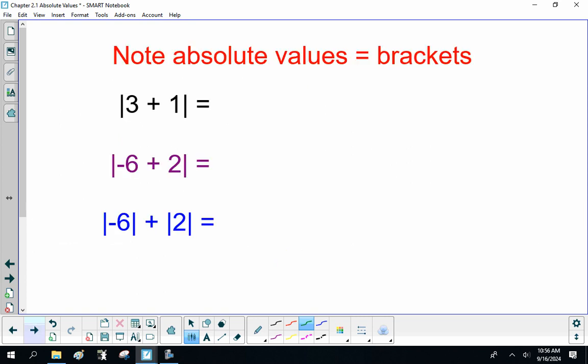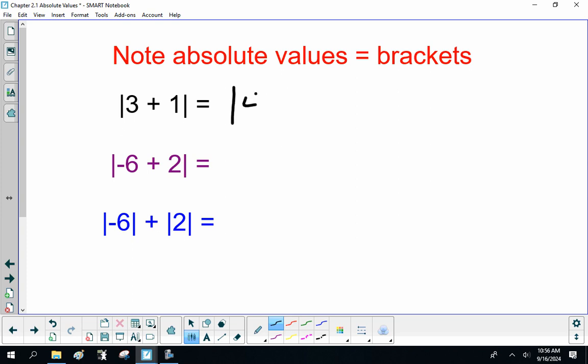Now, here we just did a math equation on a number line. Normally we don't do number lines in 20-1. I would give you an equation like this. So this is the absolute value of 3 plus 1. Now how do we solve that?